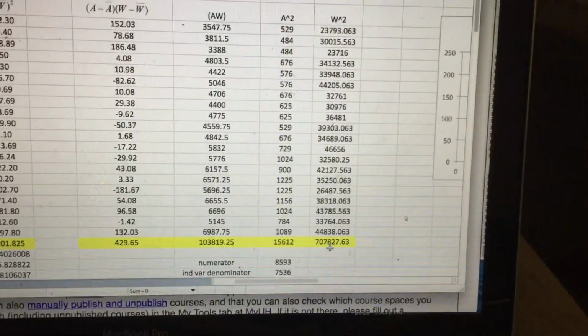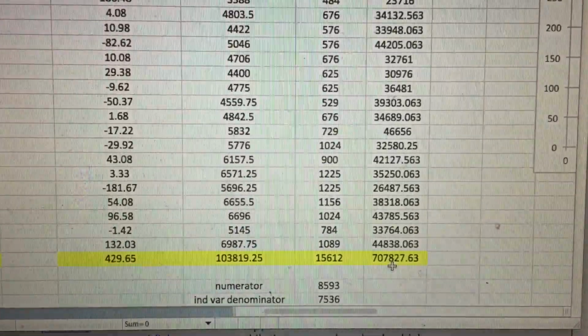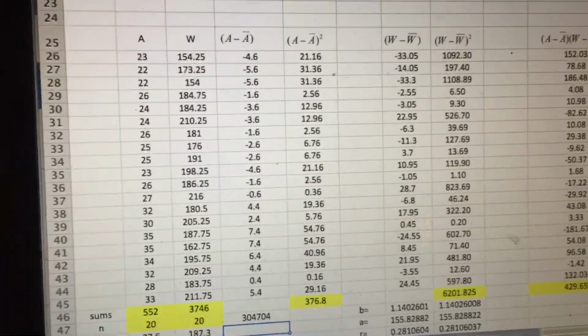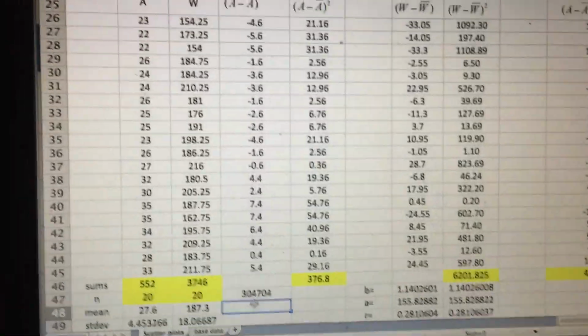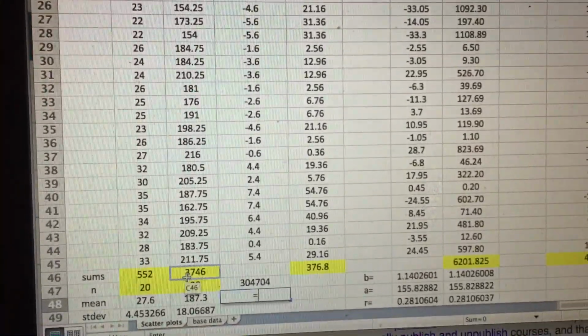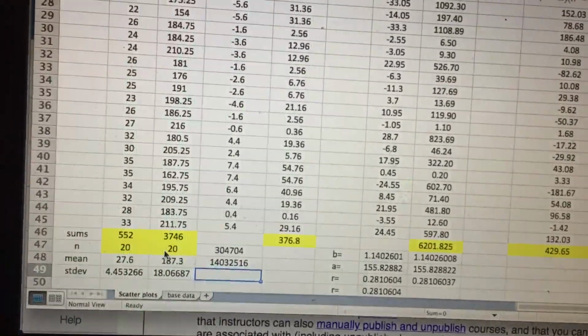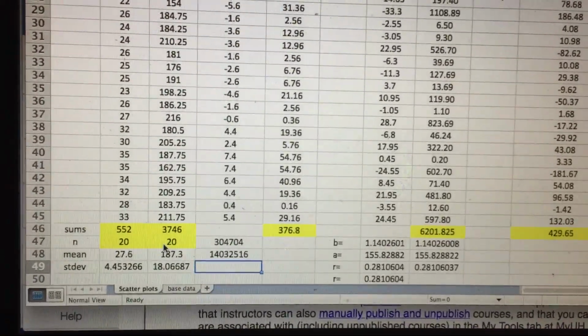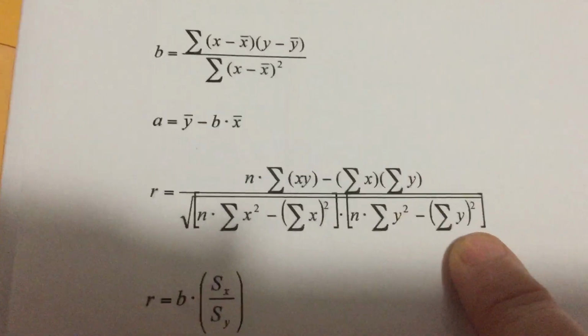The sum is 707,827.63, and then we're gonna minus it from the sum of the weight sum, and we're gonna square the weight sum, and that one is 140325516. Okay, sorry, a little bit messy, but that's basically it. That would be following this part of the formula.